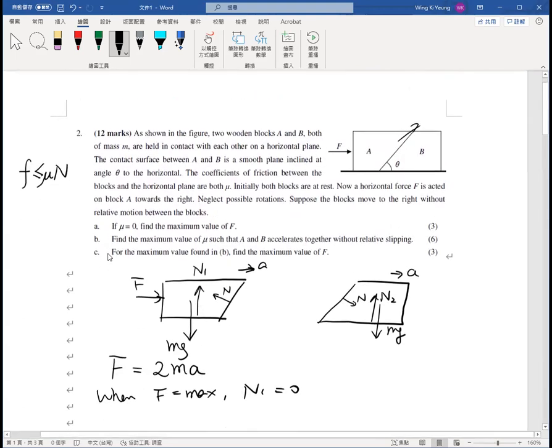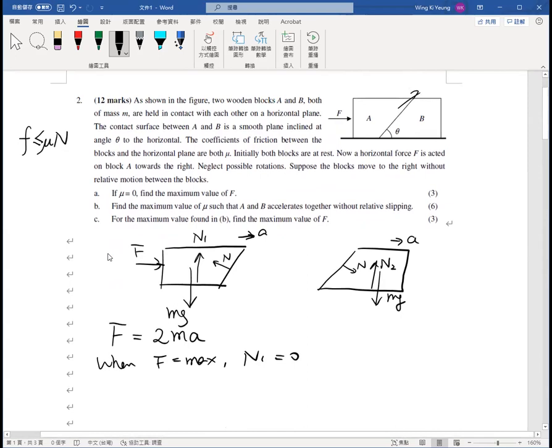Okay, so this is angle theta, and I think this is also angle theta. Yeah, this is angle theta. This is 90 degrees minus theta.